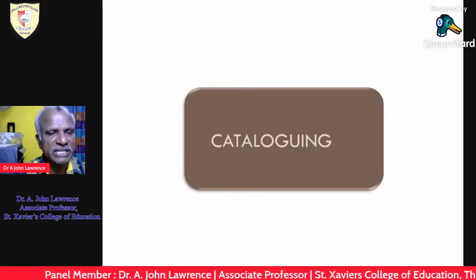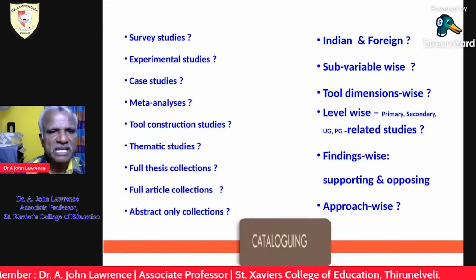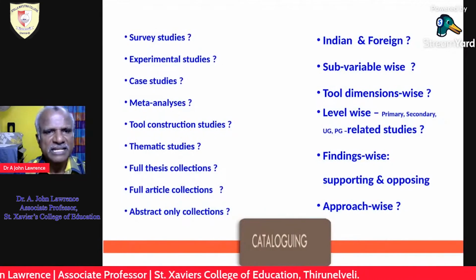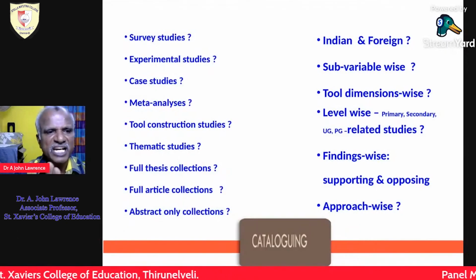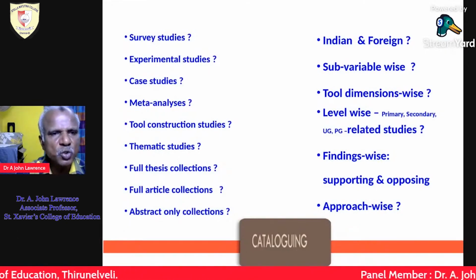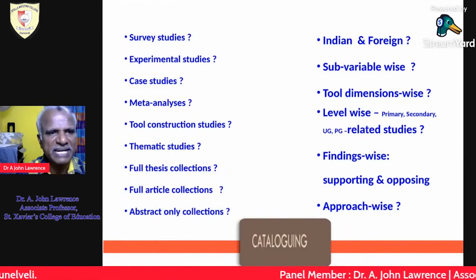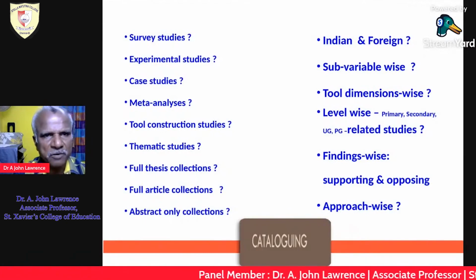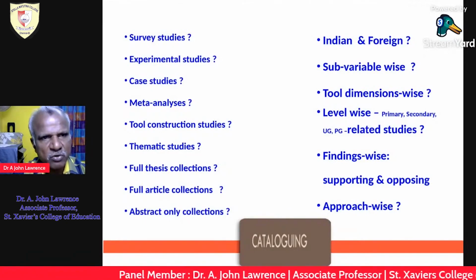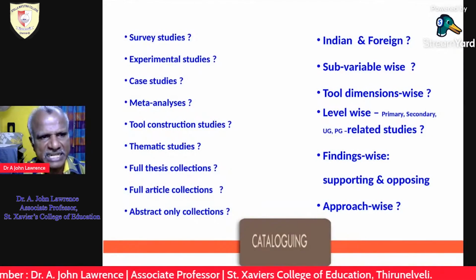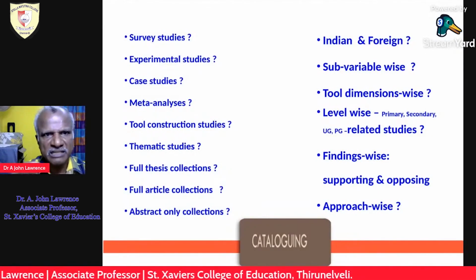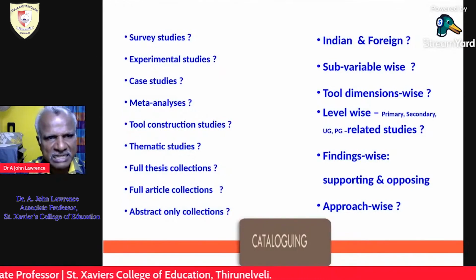The second step is cataloging. What is cataloging? Cataloging is dividing the collected reviews under convenient, research-useful, feasible subheadings. For example, you can classify your collected reviews like this. Put together the survey studies. Put together the experimental studies from the collected reviews.